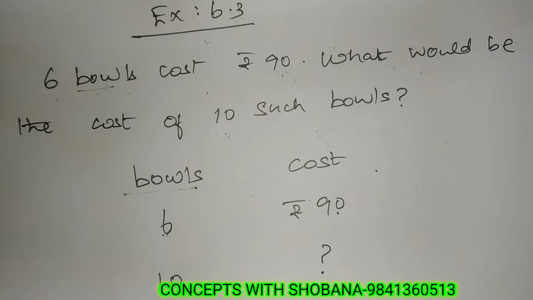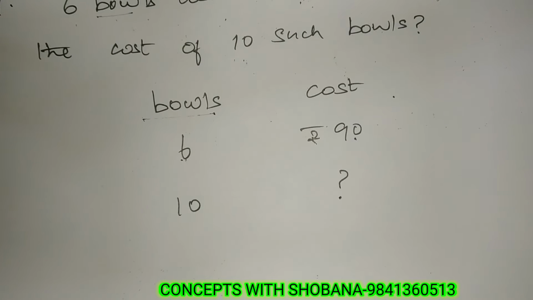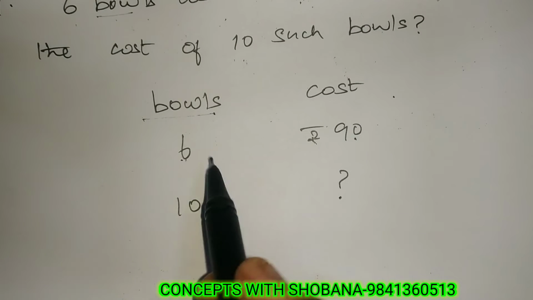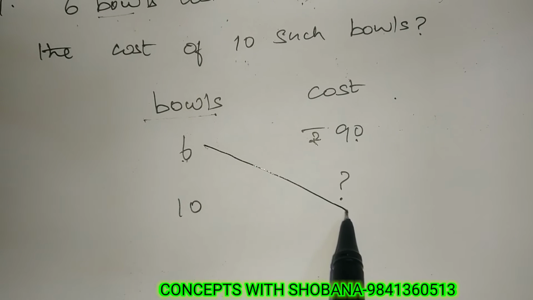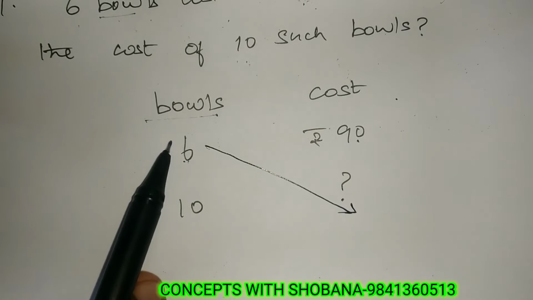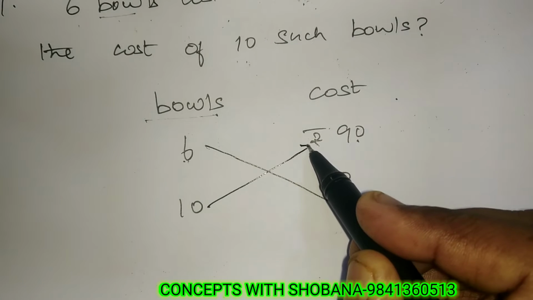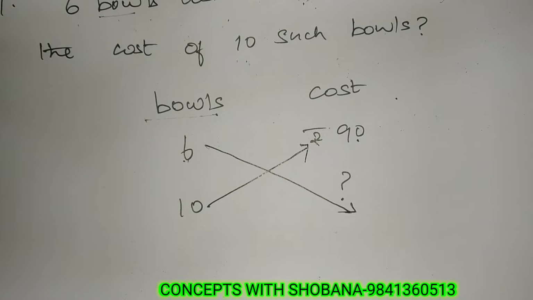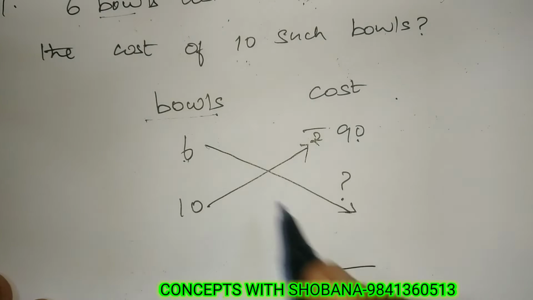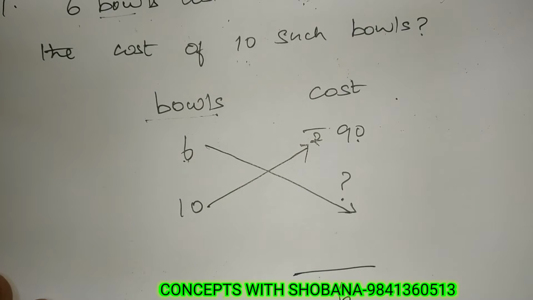See how do we do that? It is very simple. If we just remember this arrow, we can do this unit method easily. Just draw an arrow down towards the question mark and one arrow up on the other side. The number on the downward arrow goes into the denominator.